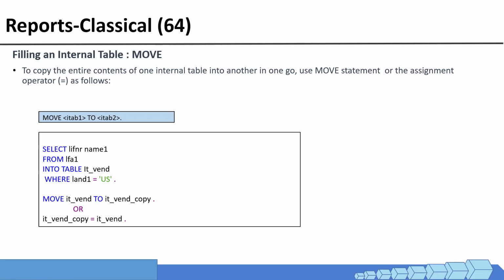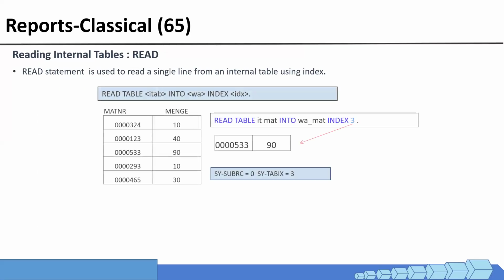Data move from one internal table to another. Correct. So from IT_vend will transfer into IT_vend_copy.